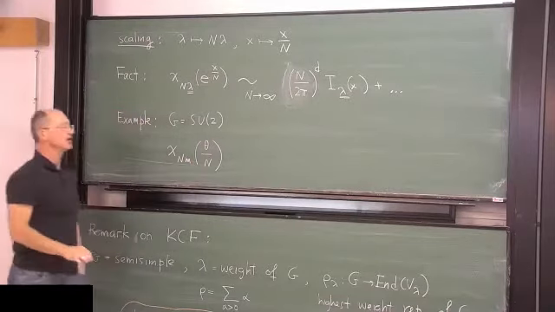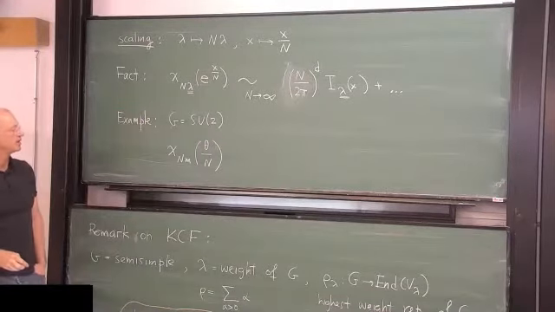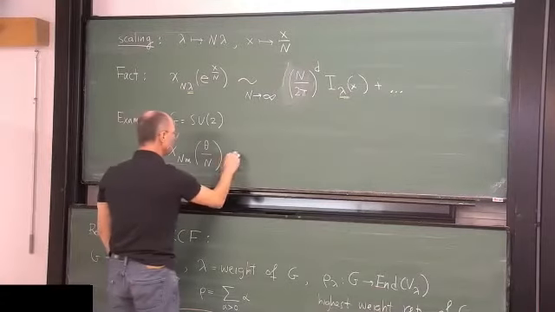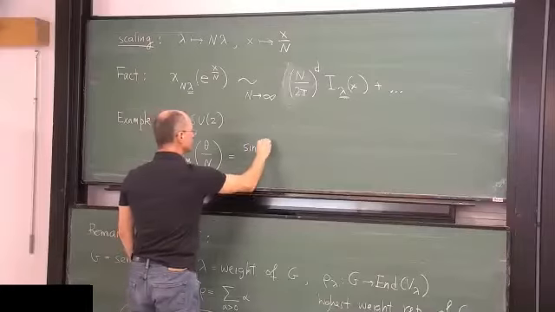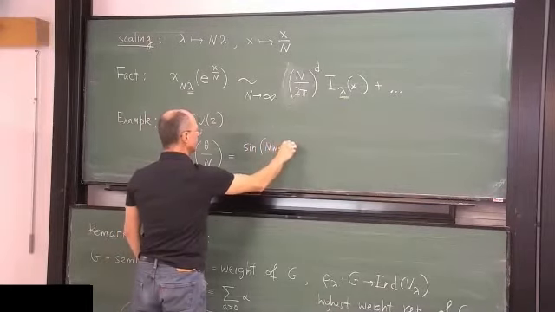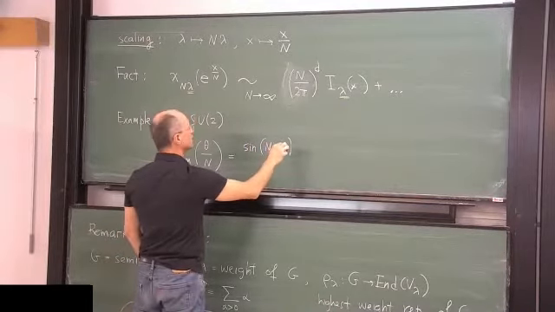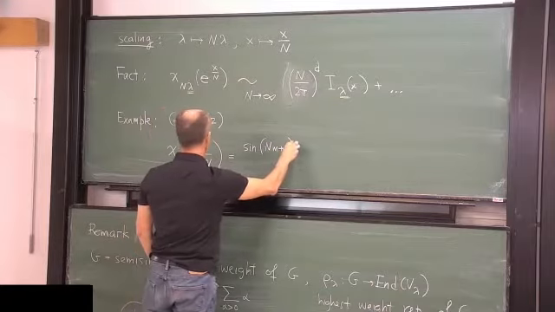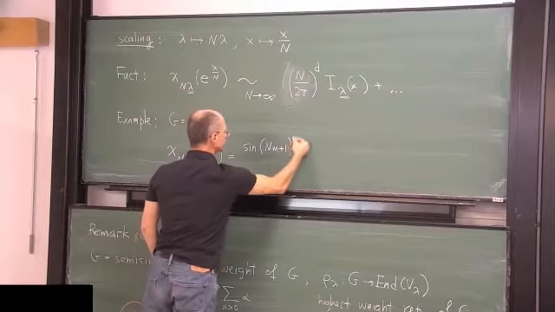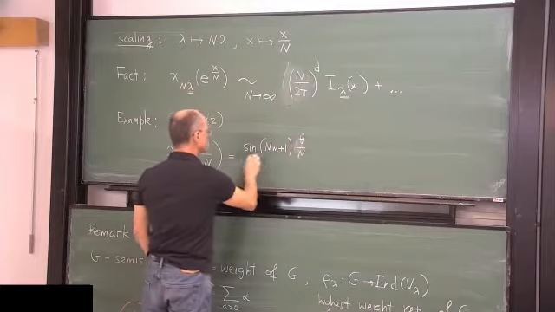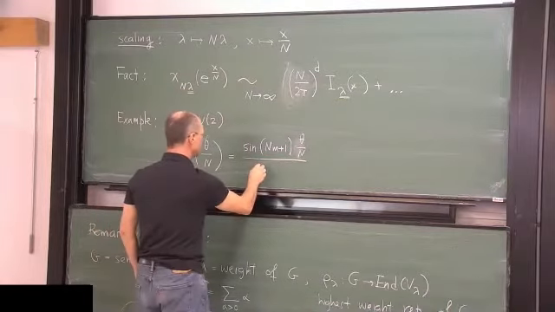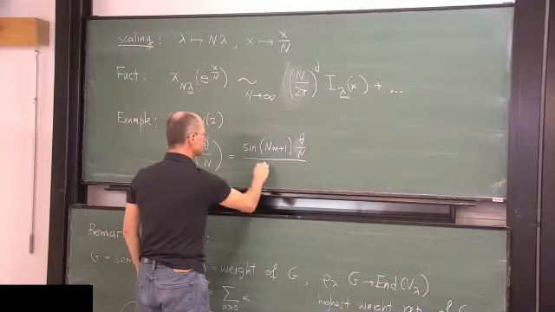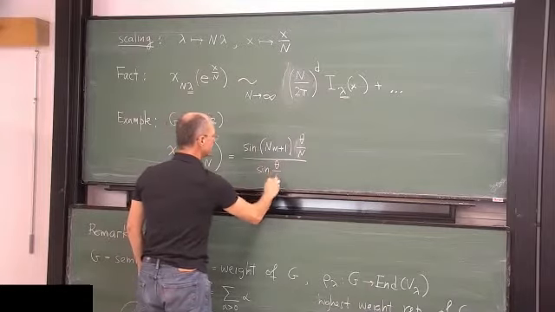So according to the scaling law, I should divide it by capital N. And I remind you, this is sine of (N m plus 1) times theta over N, divided by sine of theta over N.